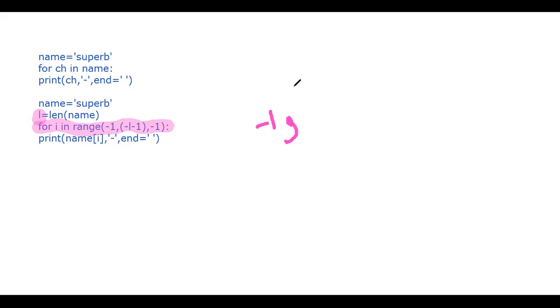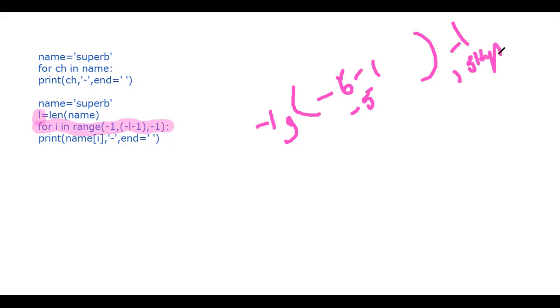Where I'm telling it to stop is -6 -1, that means stop at -5, and go down. This is the direction. This was the skip, if you remember, in the range. This was how many steps to take, how many steps forward or backward. I have written minus, so it will go backward.